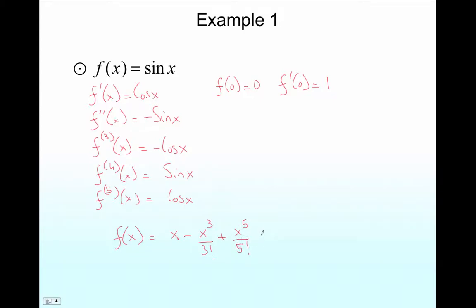And you can guess that the next term is going to be minus x to the 7 over 7 factorial, and so forth. And so let's call this P7. That is to say the Taylor polynomial of order 7. And what's left over is the remainder. Now this remainder is going to get smaller and smaller for any fixed value of x as we increase the number of terms that we include in the Taylor polynomial.